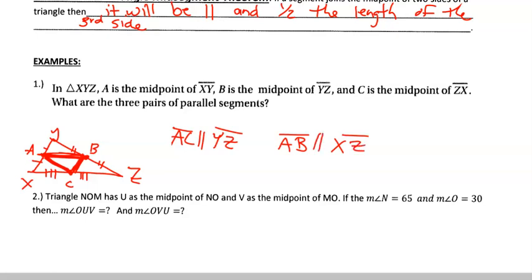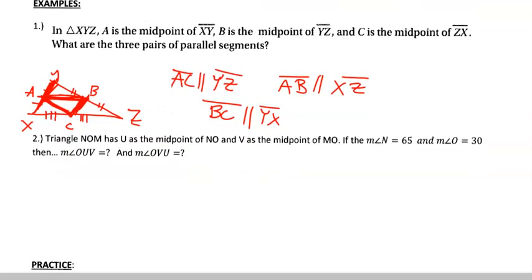And then lastly, BC must be parallel to what side? BC is going to be parallel to this side over here, YX. And those are the ones that would be parallel. Midsegment is going to be parallel to that third side.